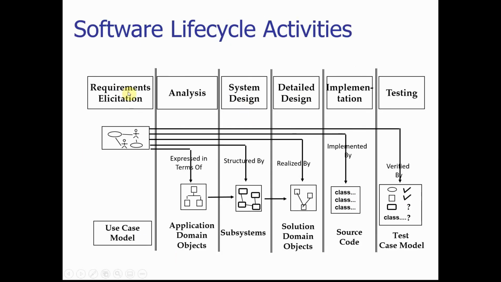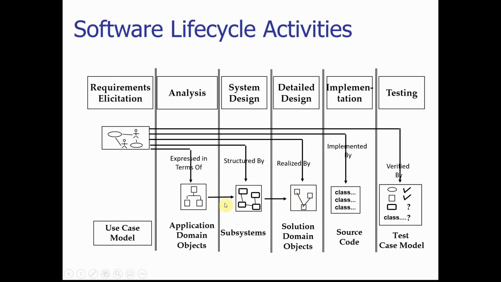So this shows you that in requirement elicitation, we are dealing with a use case model, and during the analysis we have application domain objects. Then in system design we have subsystems, and in detail design we have the design level class diagram.